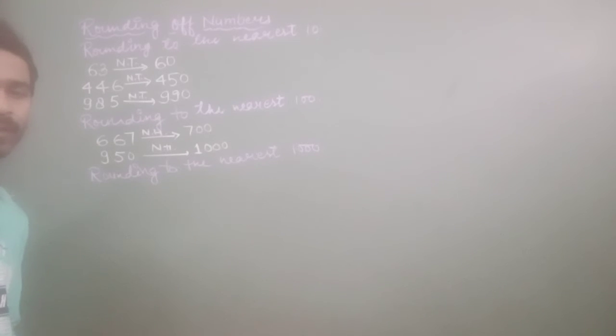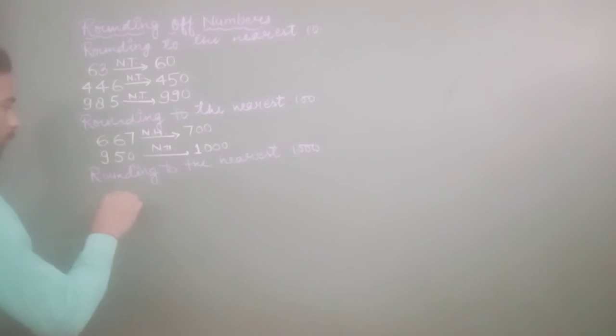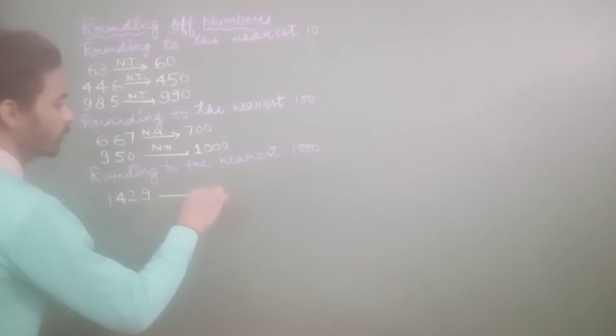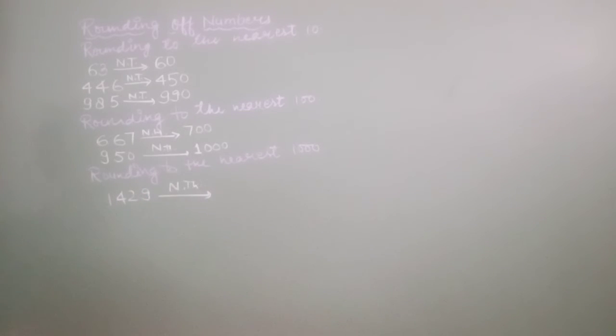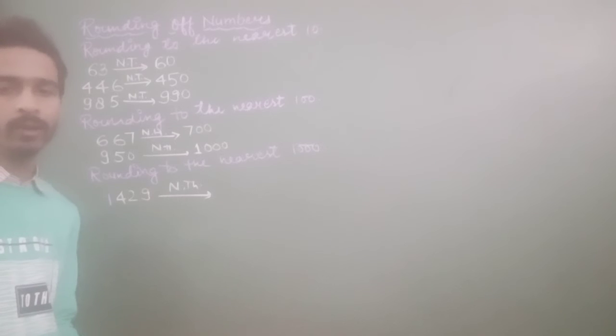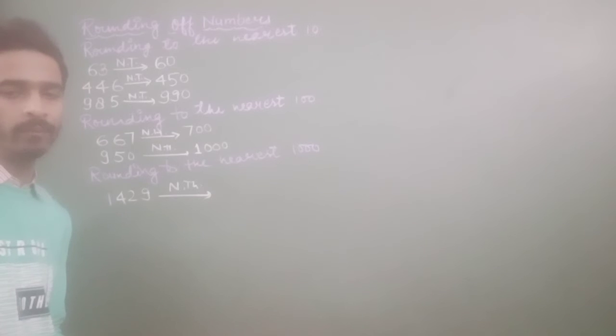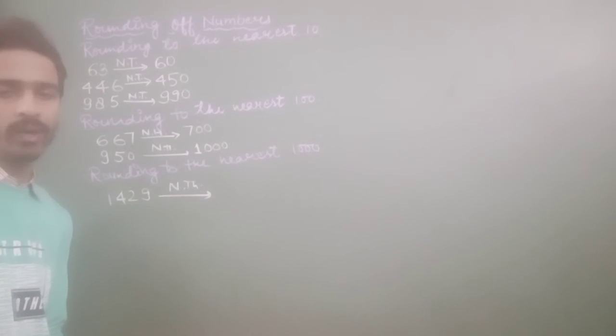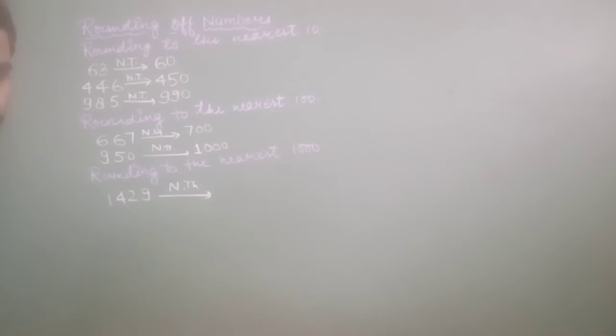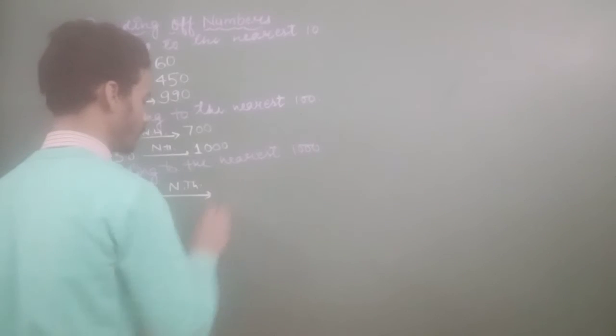There is an example given: round off 1429 to the nearest thousand. So 1429 is between 1000 and 2000, but closer to 1000. So 1429 rounded to the nearest thousand is 1000.